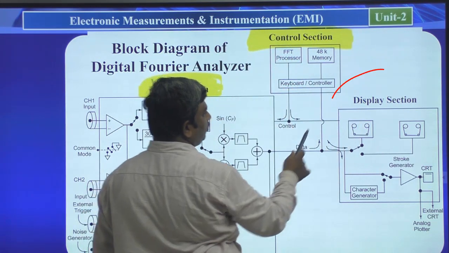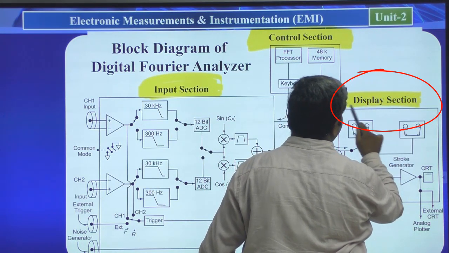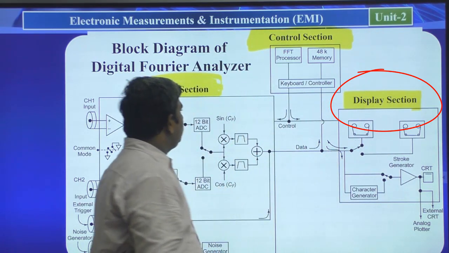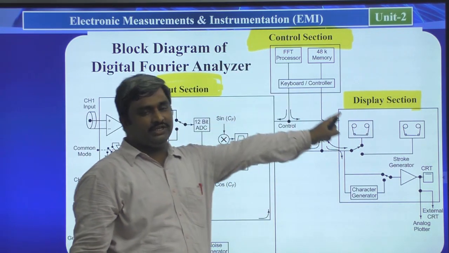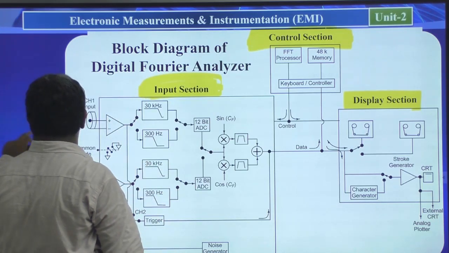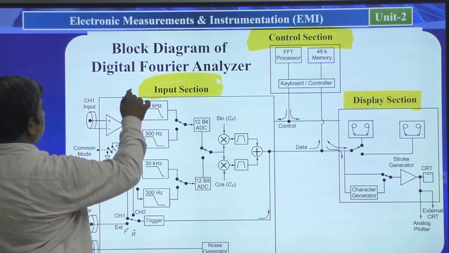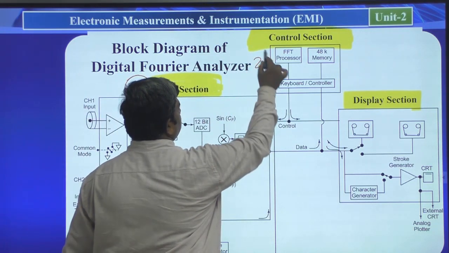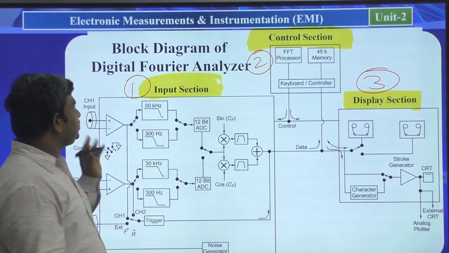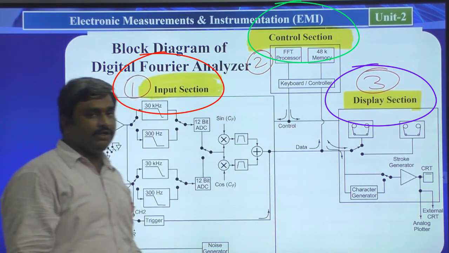Third one, display section. Totally three parts are available in this block diagram. First part is input section, second part control section, third part display section.